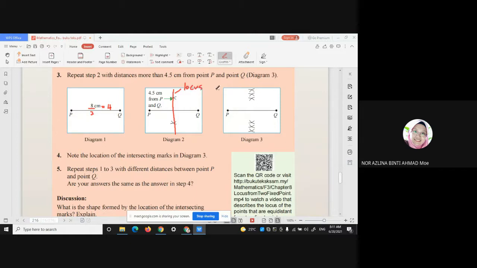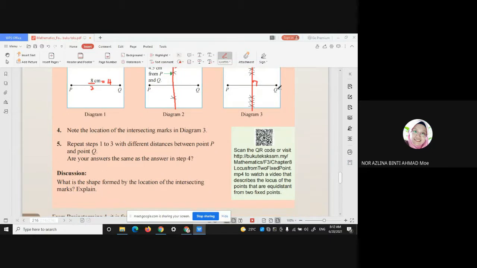Now, this is 90 degrees. Okay, finished. That is the locus between P and Q.